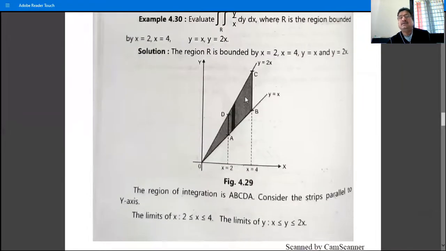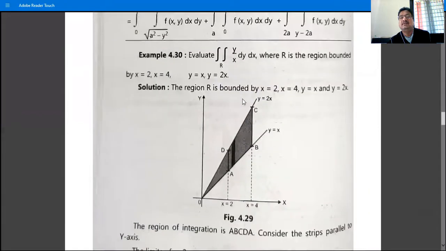So already these problems are covered. Now double integration over R of y by x dy dx, where R is the region bounded by x is equal to 2, x is equal to 4, y is equal to x, and y is equal to 2x. The line x is equal to 4 is at a distance 4 from the origin and parallel to the y-axis.